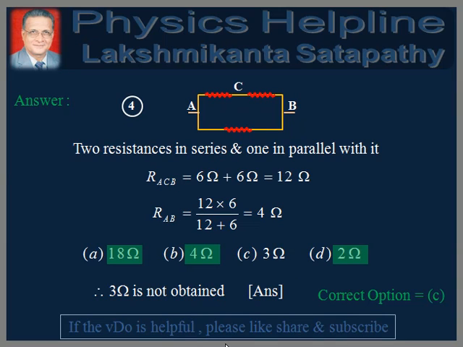And finally, in the fourth case, the resistance of the upper branch is two 6 ohm resistors in series. Therefore, we call it RACB. RACB = 6 ohms + 6 ohms, which is equal to 12 ohms.